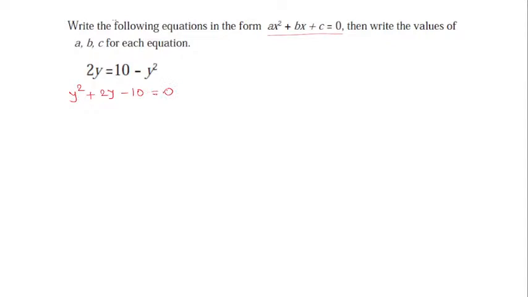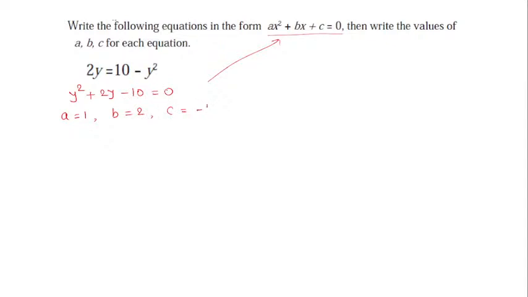And now this is in the standard form, ax square plus bx plus c that is equal to 0. And now if we compare this with the standard form, we get the value of a, that is the coefficient of y square, is 1, value of b, coefficient of second term is 2, and value of c, that is the constant term, is 10 along with the negative sign.